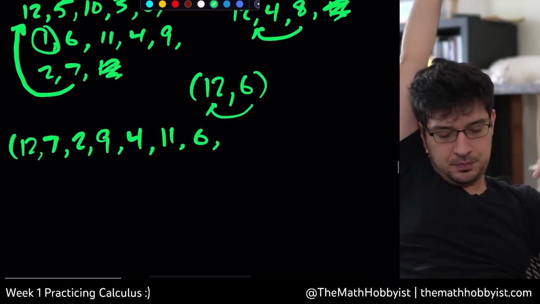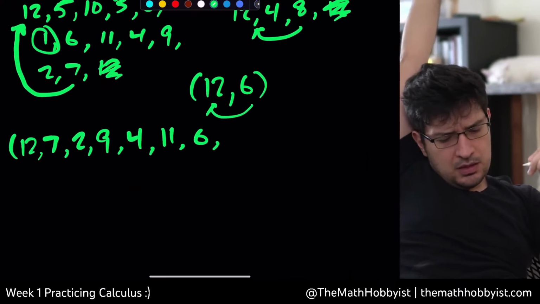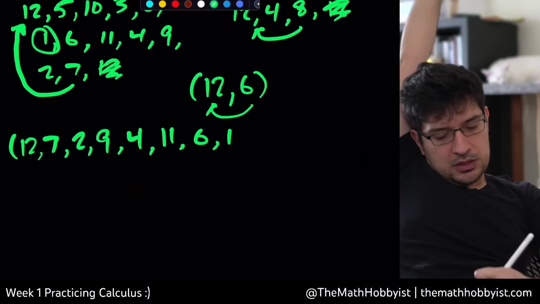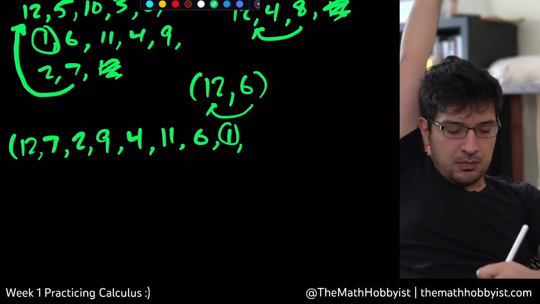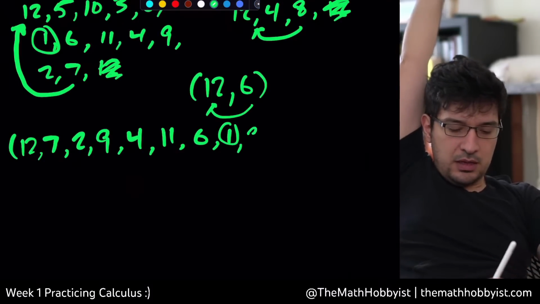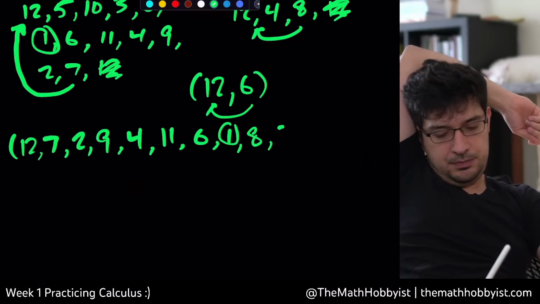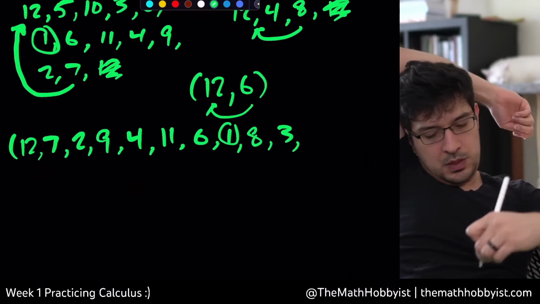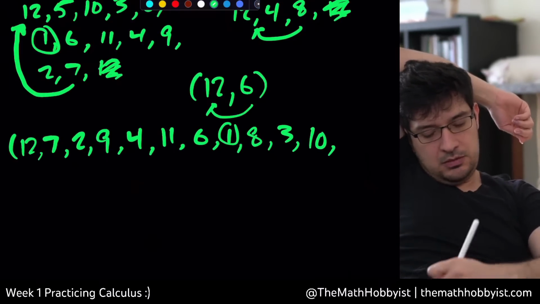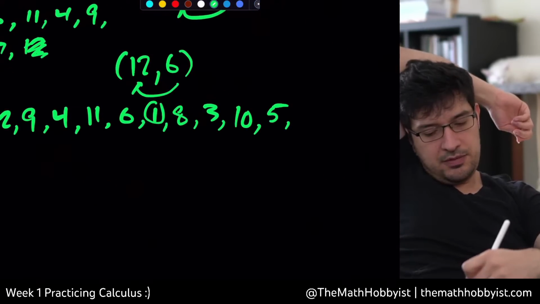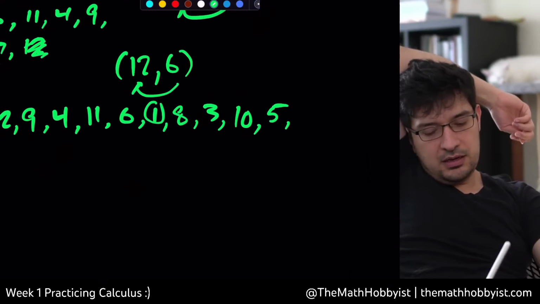6. 6 plus 7 is 13, which is the same as 1. So that one works. And then 8, 4, 3, plus 7, plus 7, plus 7. And then, 5 plus 7 is now going to be 12.